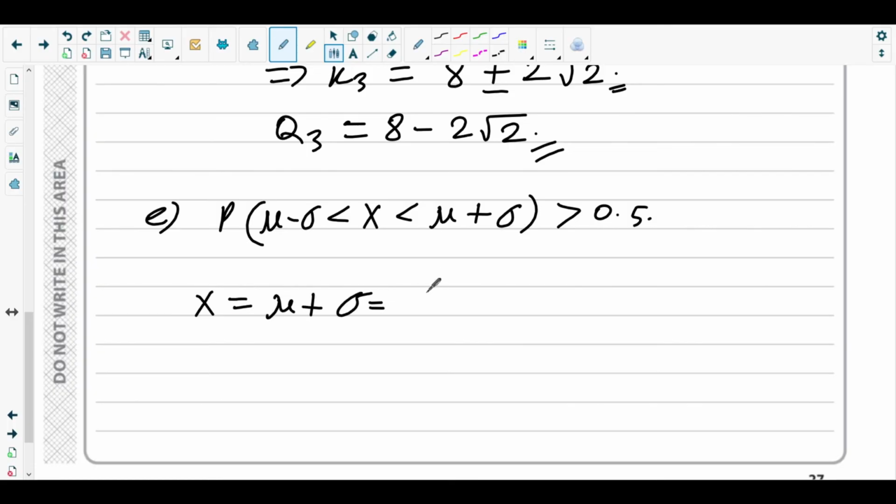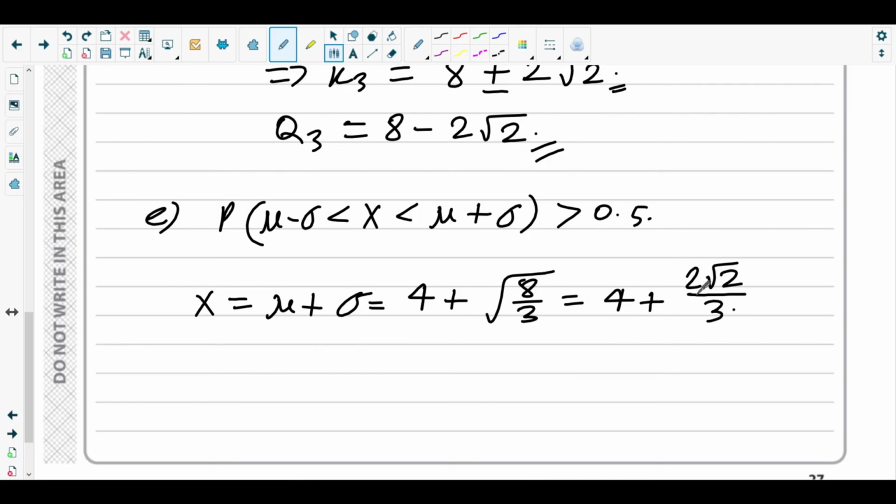Okay, so let's consider x equals mu plus sigma. Mu is the mean, 4, plus sigma, it's the square root of variance, right? So square root of 8/3, which will give you 4 plus 2 square root of 2/3, right?